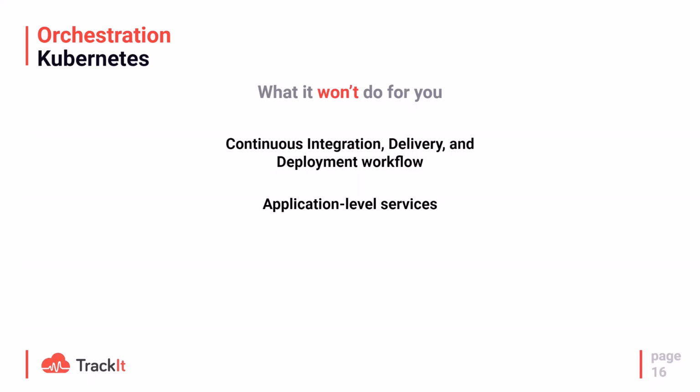Kind of the same as the last point. It's basically anything that is application level is not going to be managed by Kubernetes. That means that it's not going to provide you with a message queue system, a cache system, or a database system, or anything that is application.